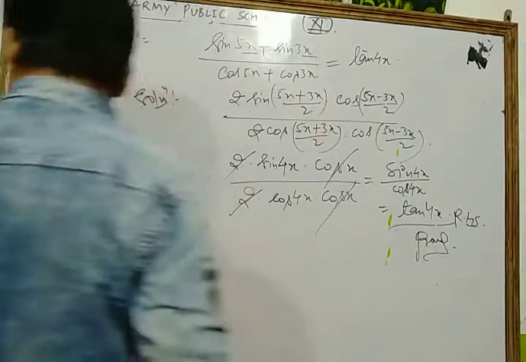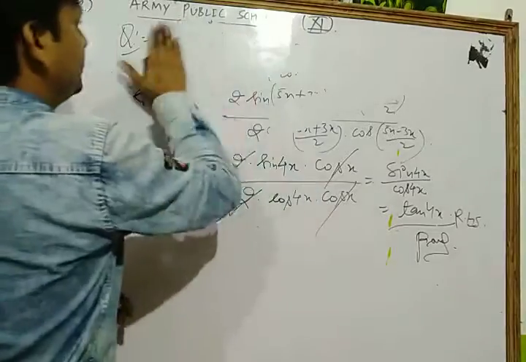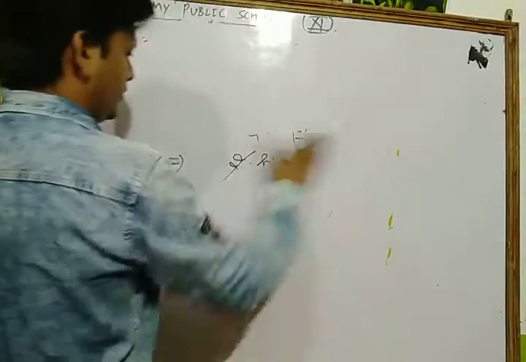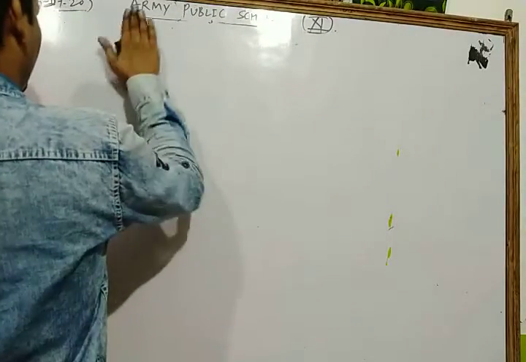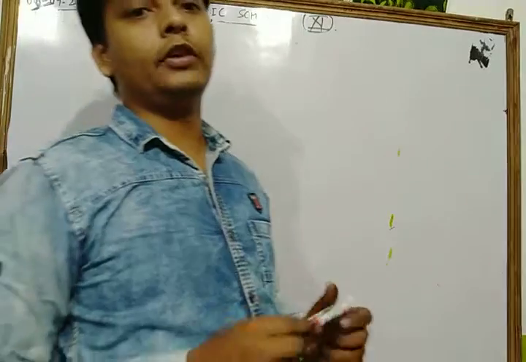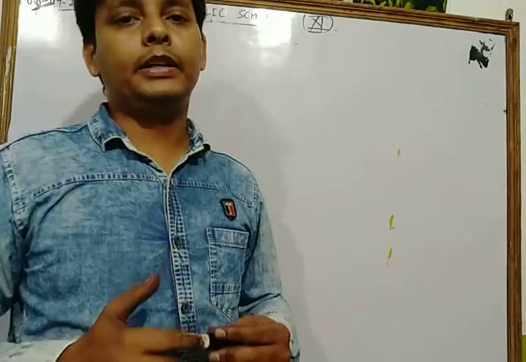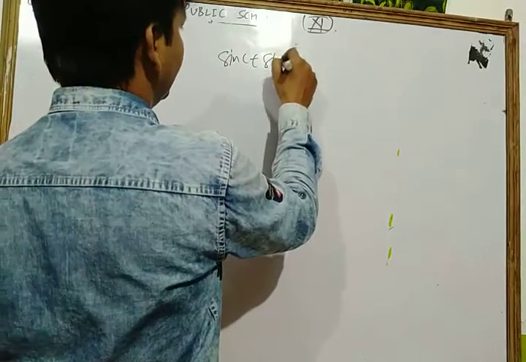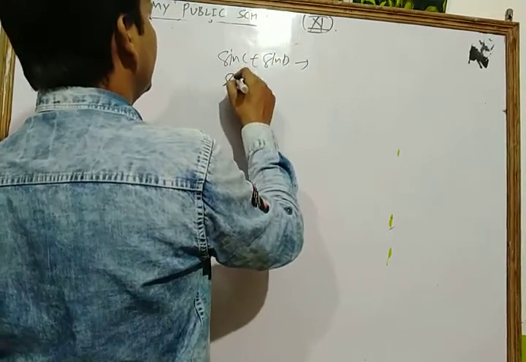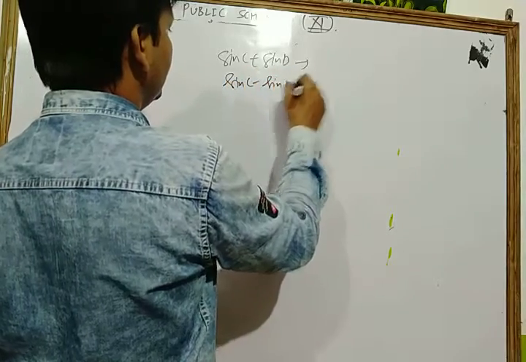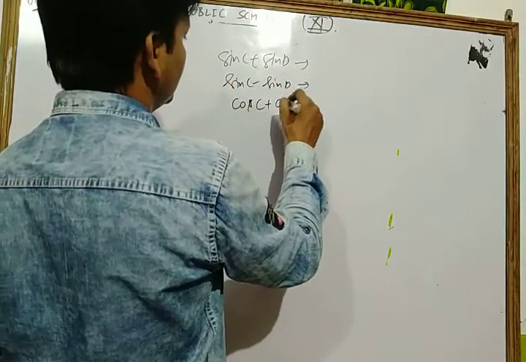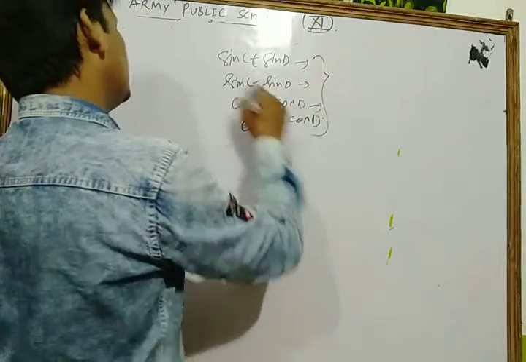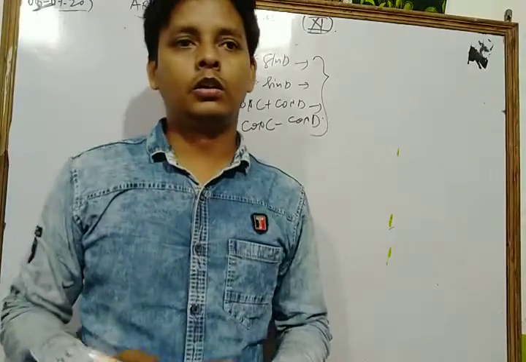Okay, so dear students, today we discussed 4 new trigonometric identities: sin c plus sin d, sin c minus sin d, cos c plus cos d, and cos c minus cos d.